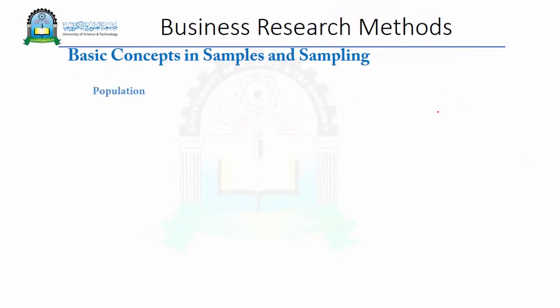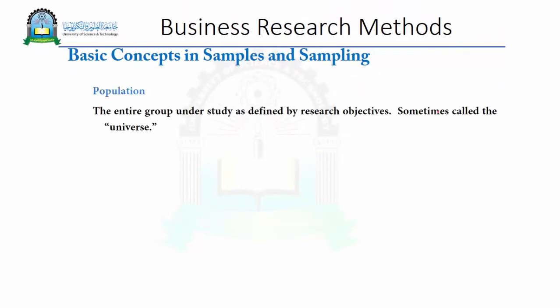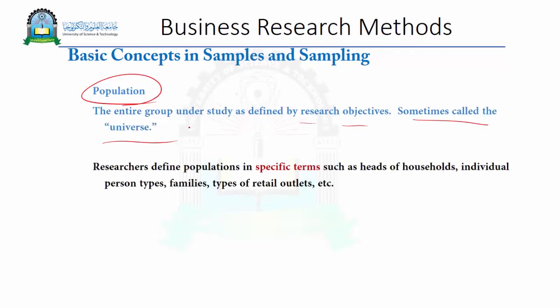There are accordingly some concepts which are very important. As I said, the population is the first one. What is the population? It is the entire group under study as defined by the research objectives. So whoever can answer your questions is going to be the population, or a part of the population. Sometimes it's called the universe, the researcher's universe.